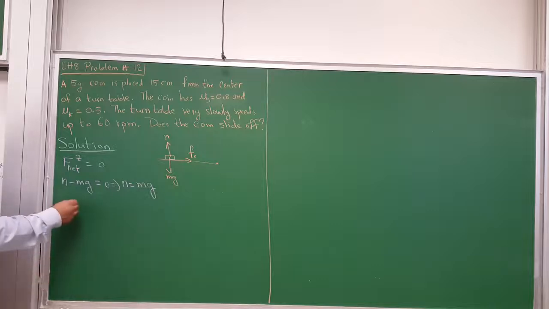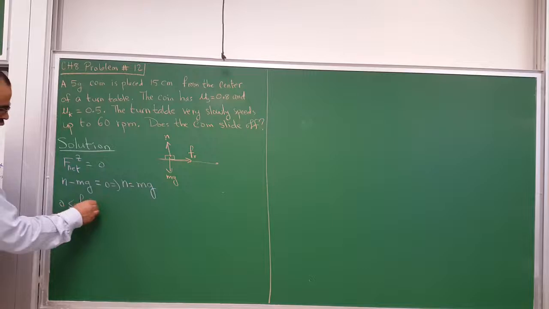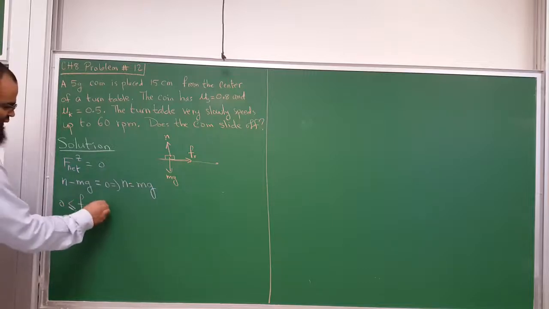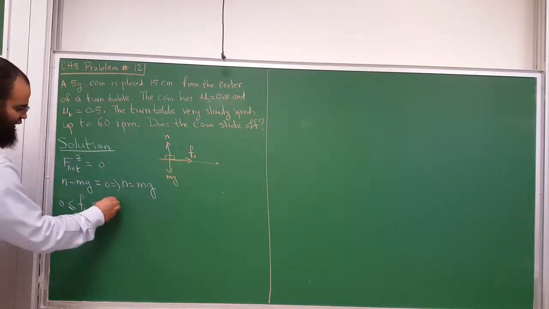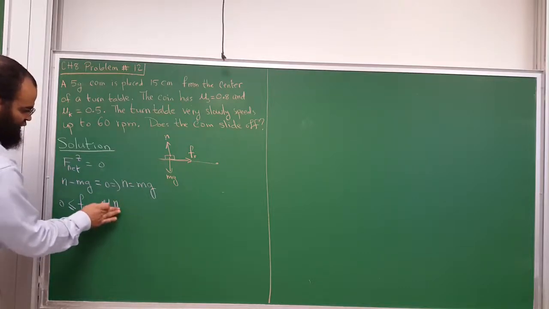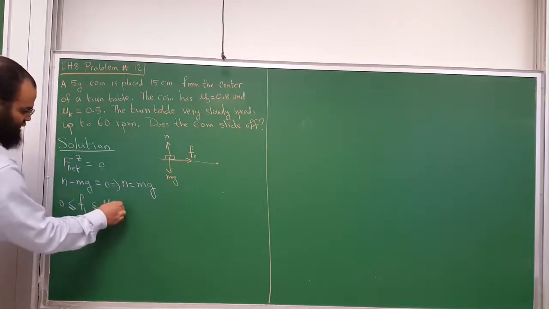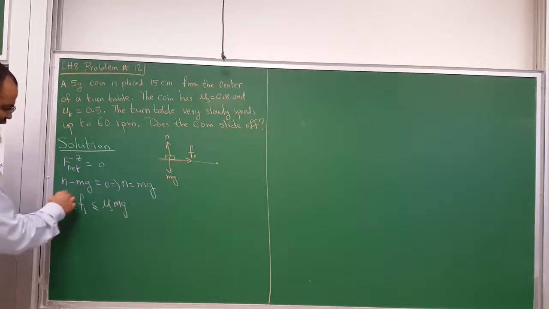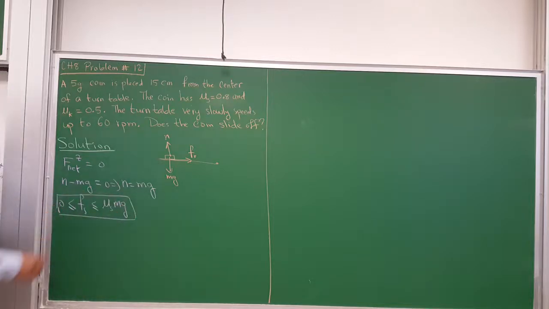The force of static friction, remember, takes values between 0 all the way to some maximum value, and that maximum value is μs times the normal force, which is μs times mg. Those are the values the force of static friction can take.